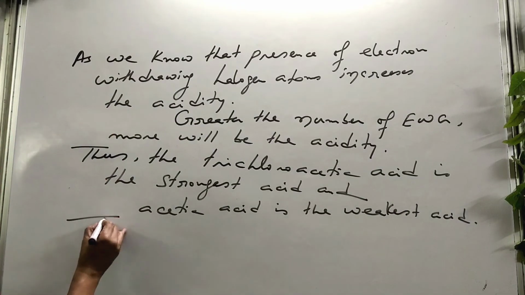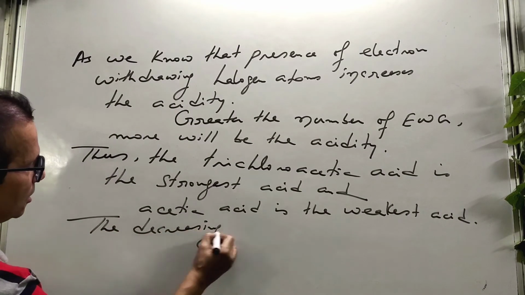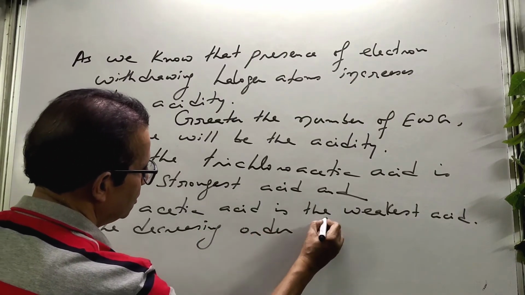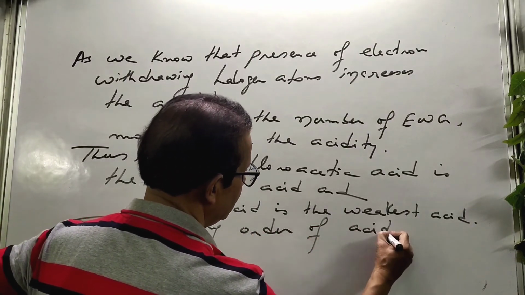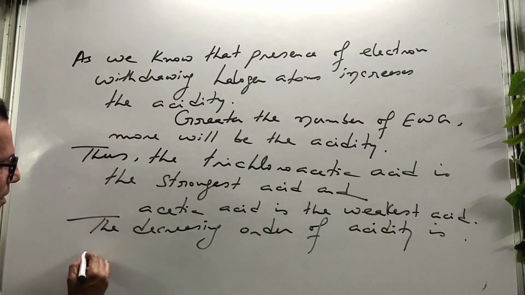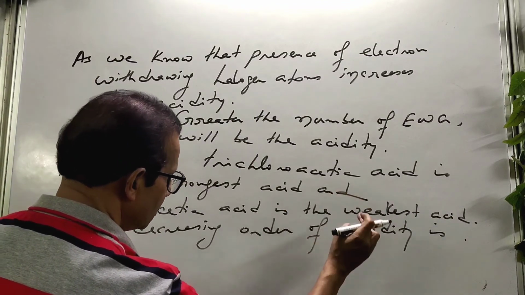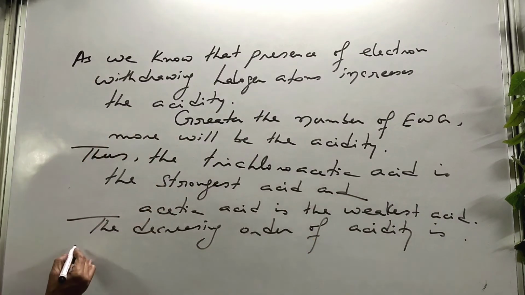Thus the decreasing order of acidity is trichloroacetic acid greater than dichloroacetic acid greater than chloroacetic acid greater than monochloroacetic acid.